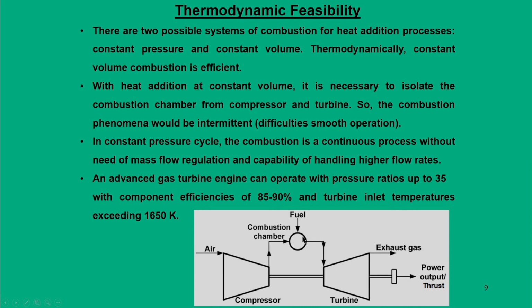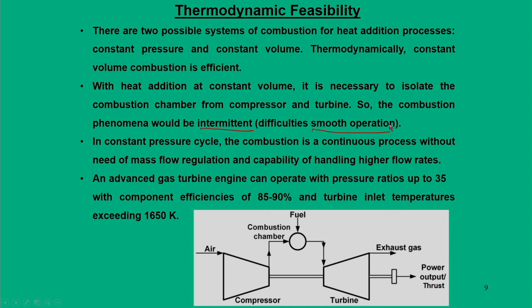So, this becomes an intermittent option, because it will not give you smooth operation, and it is very difficult to integrate the air that goes out of the compressor with the heat coming from a combustor which operates at constant volume. Synchronization of both these things is a very difficult task. So, it leads to difficulties in smooth operation.